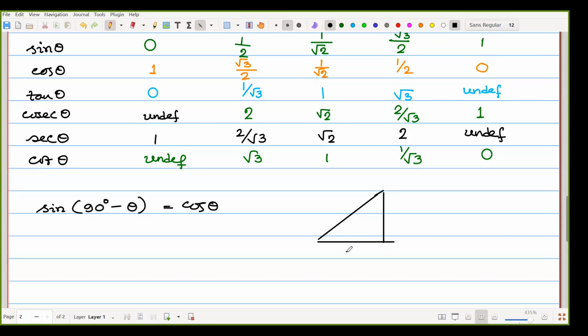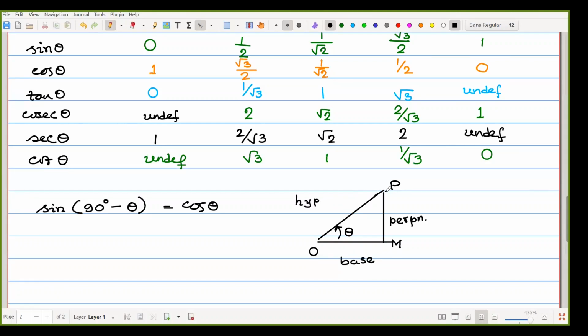So here we have O, that is P, that is M. That one is the angle theta. Now, according to that angle, we have that PM is our perpendicular, that OM is our base, that OP is our hypotenuse.